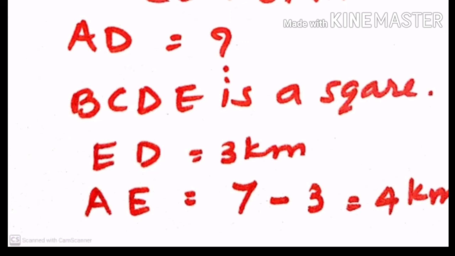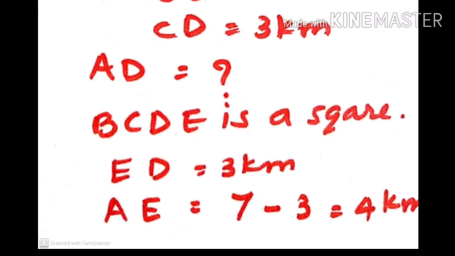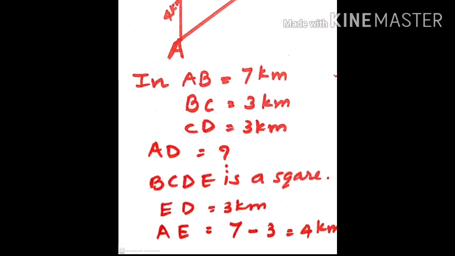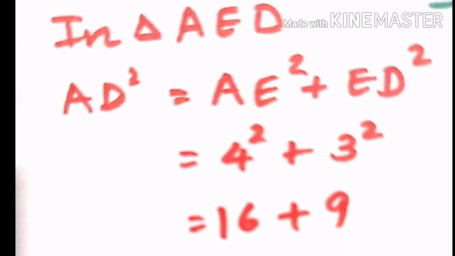Now we use Pythagoras theorem in that smaller triangle you can see, and we get our AD value. So now in triangle AED, AD square is equal to AE square plus ED square. Why? Because as you know, in a square all the angles are 90 degrees. So here also which angle is 90? That angle E is 90 here. So AD is a hypotenuse.